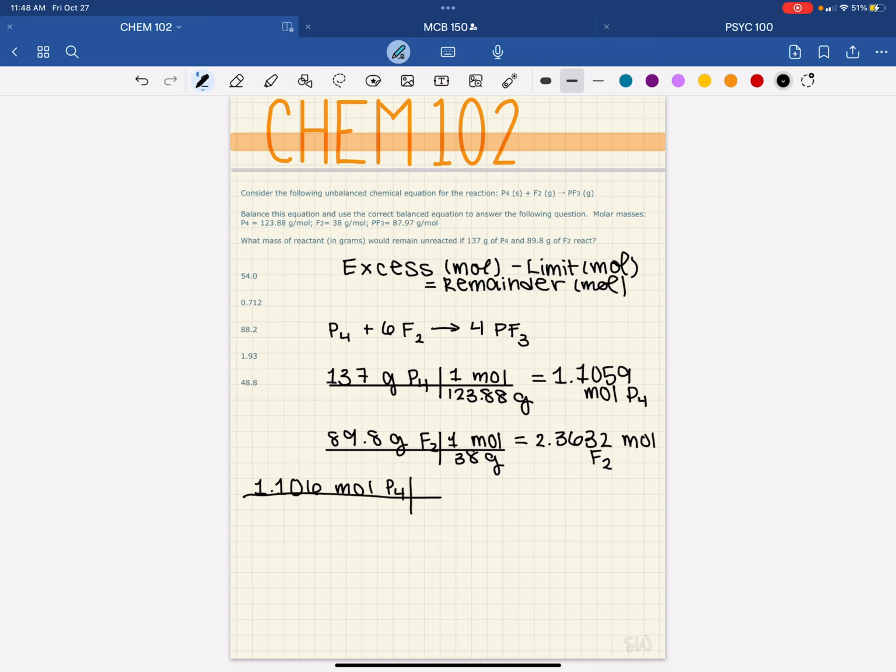For every mole of P4, I can make 4 moles of PF3, which equals 4.424 moles of PF3. And then I'm going to do the same for fluorine.